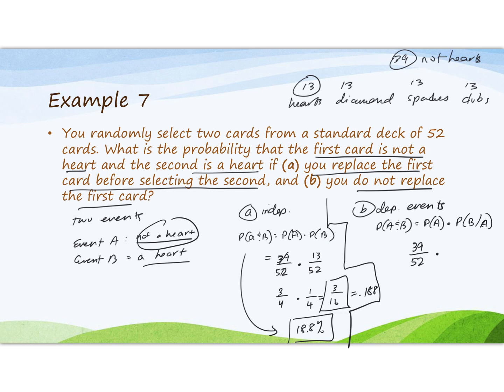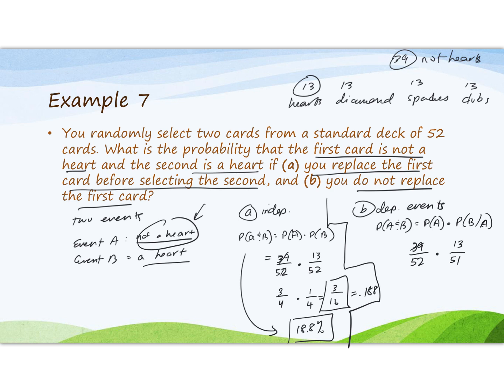Now, the second event is picking a heart. Well, first of all, you still have 13 hearts because you didn't pick one in the first one. Remember, you grabbed a non-heart. So there's still 13 hearts in the deck. However, instead of having 52 total cards to pick from, you're now picking out of 51 cards because one card got pulled the first time and didn't get replaced.